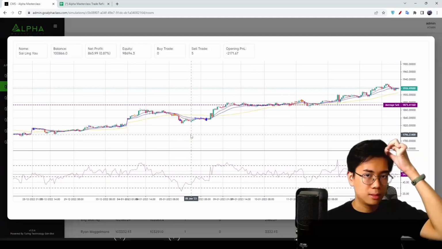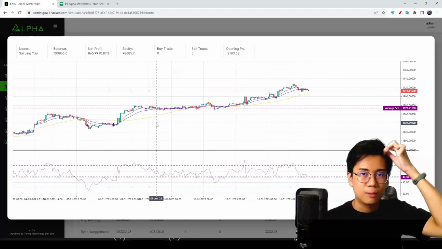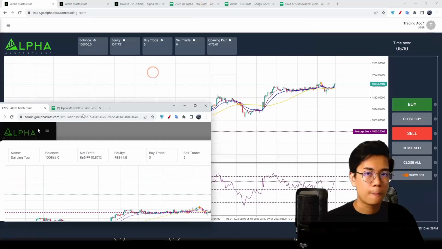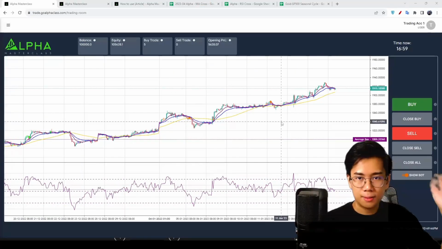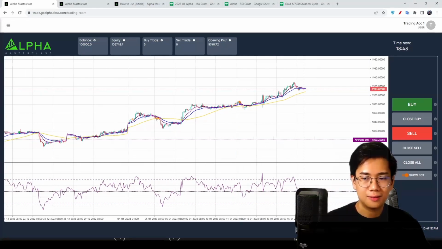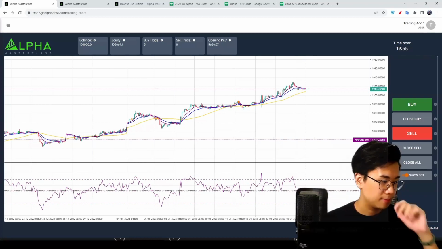Now, when to know to buy? Same thing. Moving average cross up and RSI cross up. In a real market, you see, has RSI ever reached 30? Never.